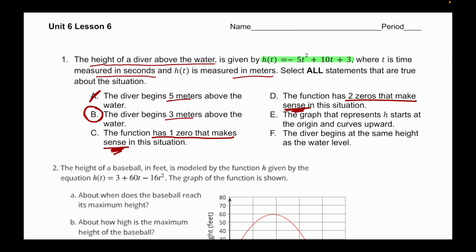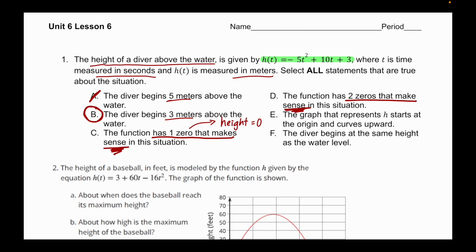In this case, a zero is when the function value, or the y value, is going to be 0. So 1 zero means, in this case, height being equal to 0. So this diver is not starting at 0, so it can't be that.